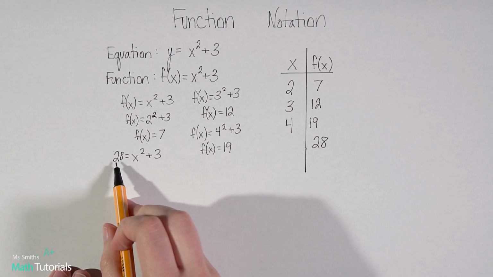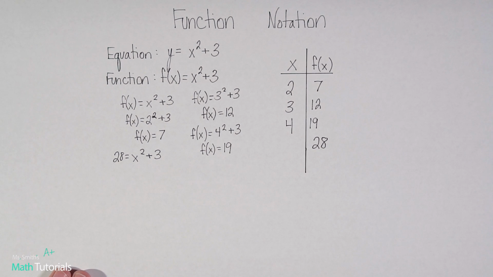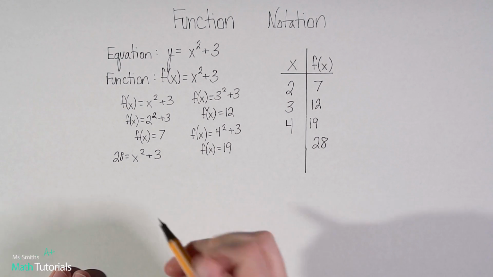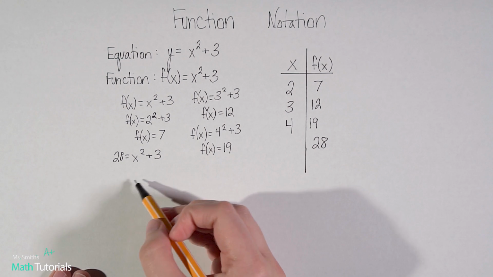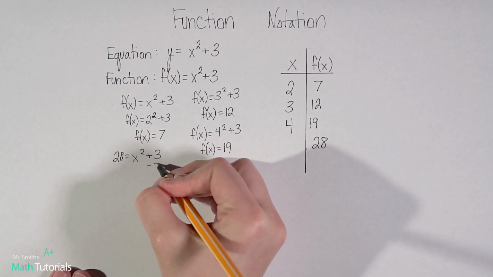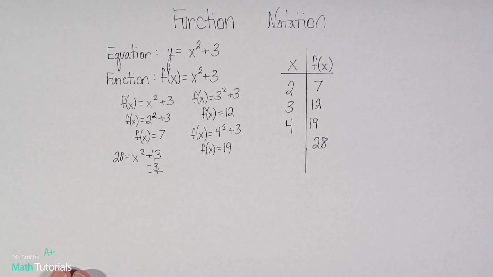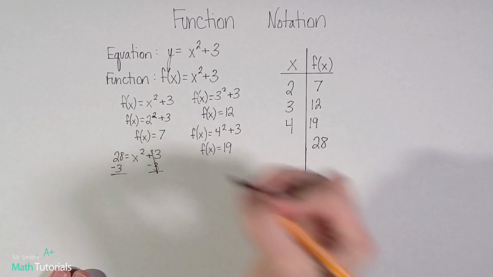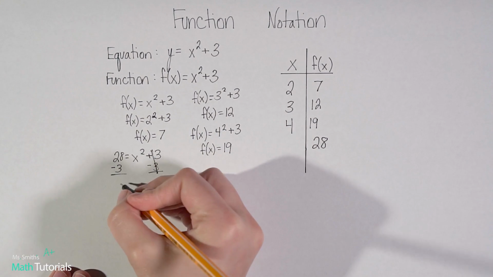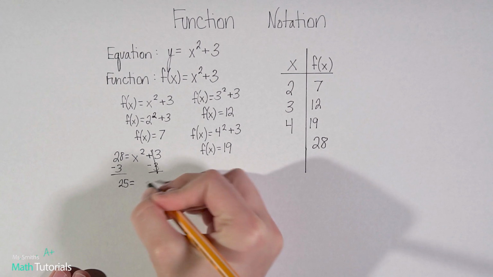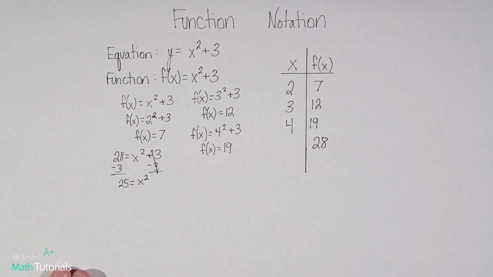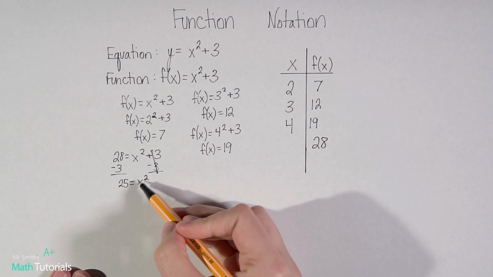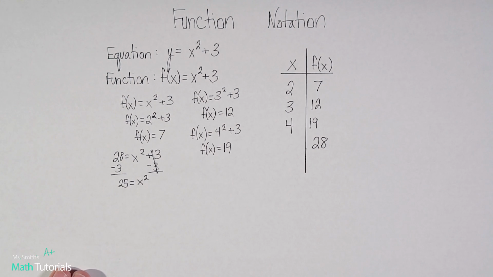All right, so now instead of solving for y, we're solving for x. But it's just basic algebra at this point. We want to move our 3 to the other side using the inverse, so that would be minus 3. 28 minus 3 would be 25, which would equal x squared. Now, we don't use this a ton in Math 1, definitely a lot more in Math 2, but it's important to note, how do we undo a square?